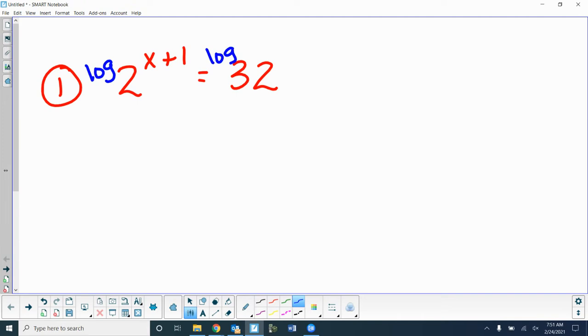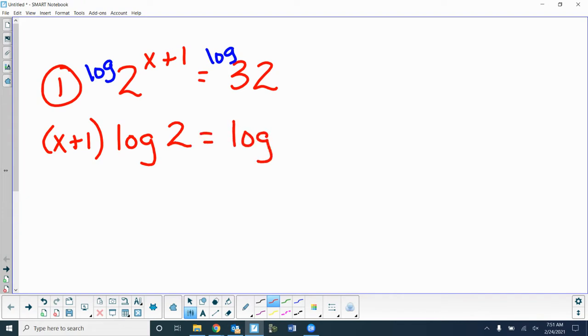And when I do that, I can move this exponent out front because of our properties of logarithms, and multiply it by the log of 2. And then the right side is the log of 32. So that's how we get that exponent out of that exponent area and back on normal ground, like we're used to.